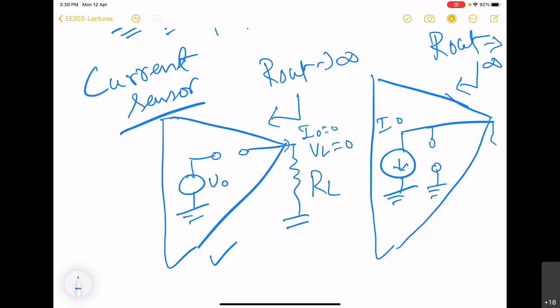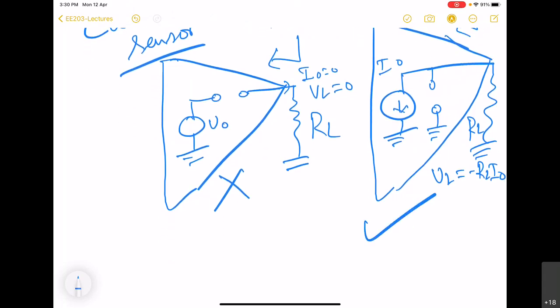However, in the second scenario, if you connect any load, it will always feel a voltage of minus RL into I naught. So that is why we say that the first cannot be the model of the output of this fourth class of amplifier, and this is the correct model for the amplifier.